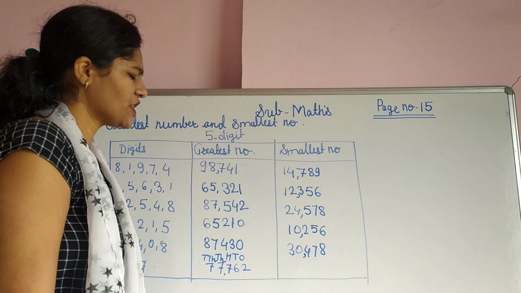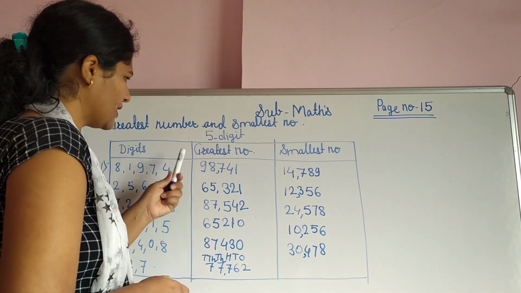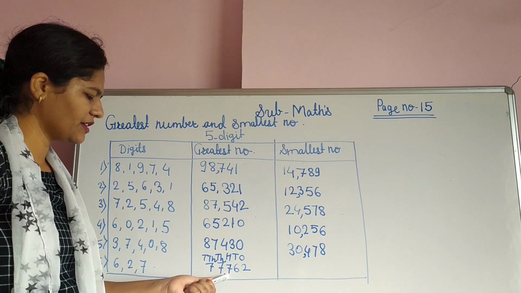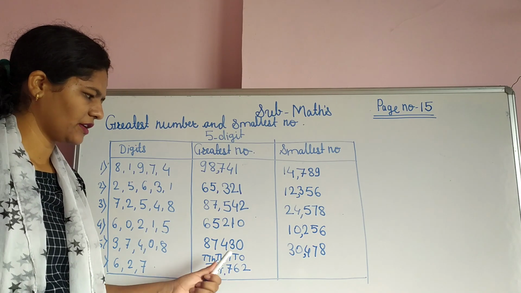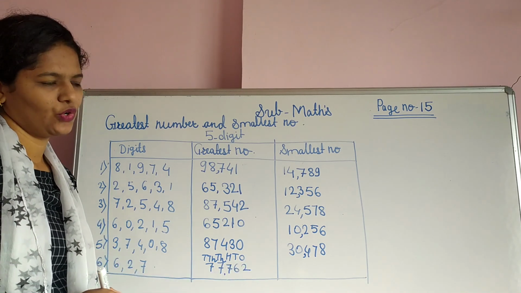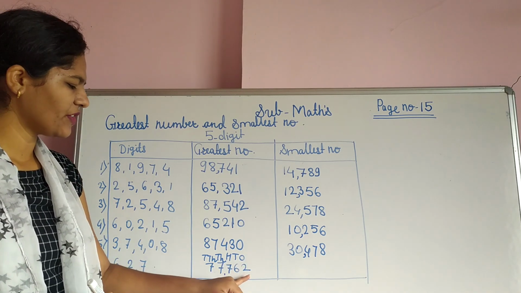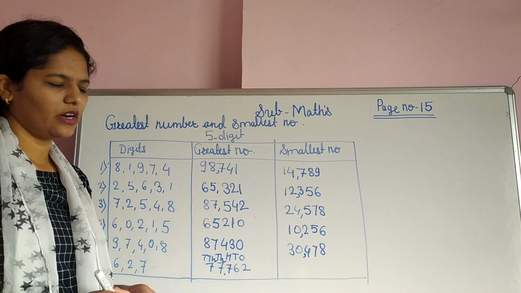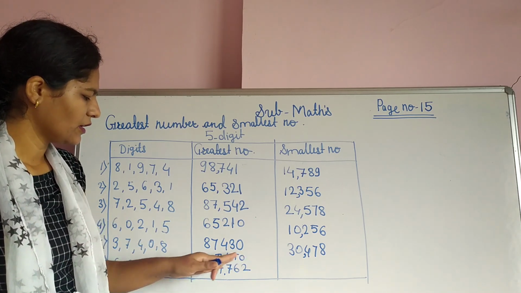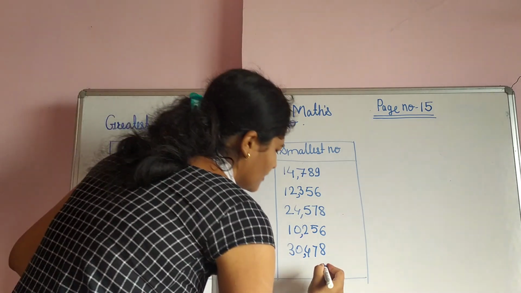Now we see smallest number. So for biggest number, greatest number, what we done? Here we repeat which big digit is there, we repeat that digit. Here, so which digit we repeat? We can repeat here 7? No. Here we will repeat which one is the smallest digit. So here which digit is smallest? That is the 2. If you don't understand, firstly write these places like this.